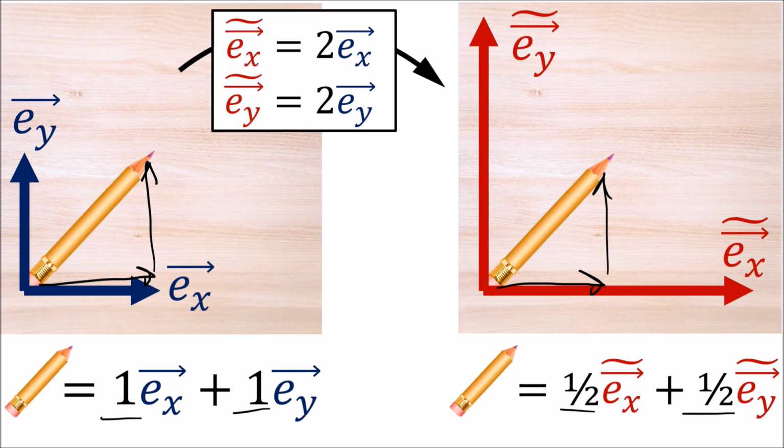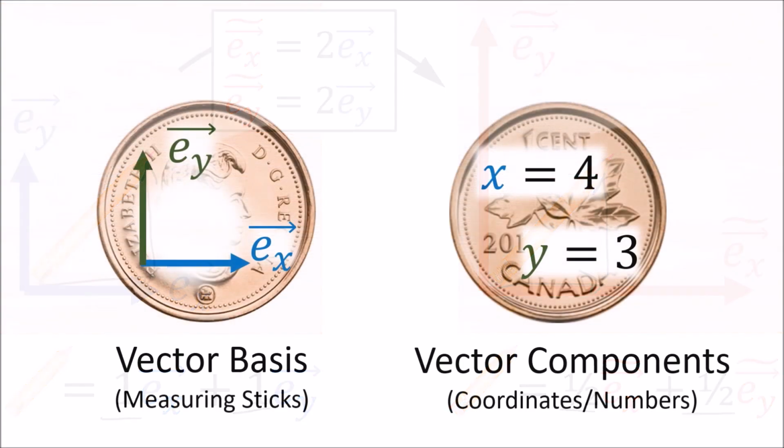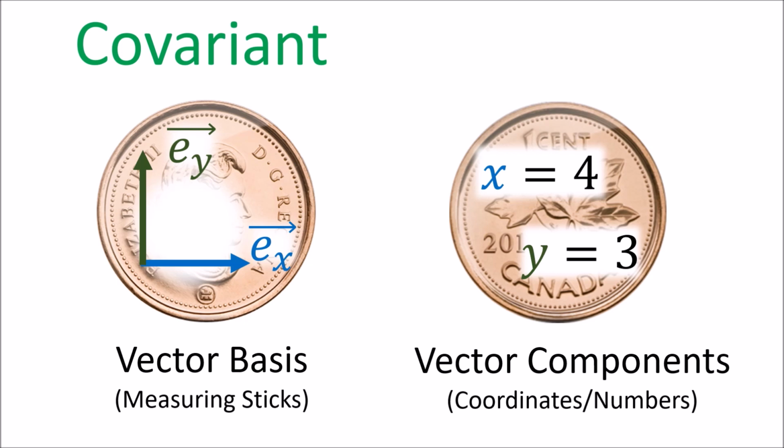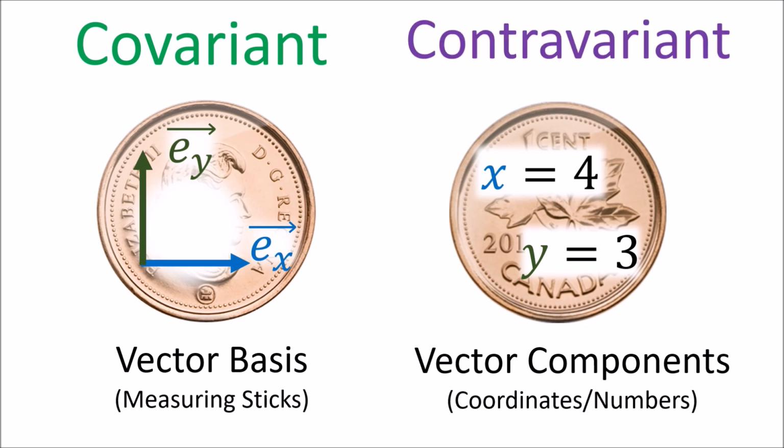We saw that the basis vectors and vector components behaved in opposite ways. When the basis vectors grow, the components shrink. For this reason, we call basis vectors covariant, and we call vector components contravariant. Vector components do the contrary or opposite things that basis vectors do.